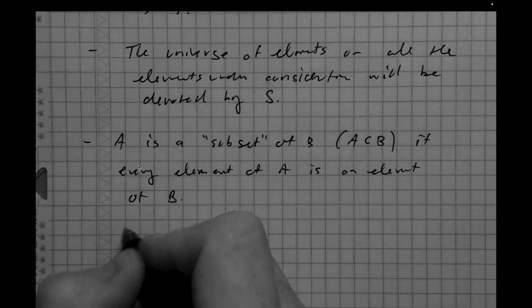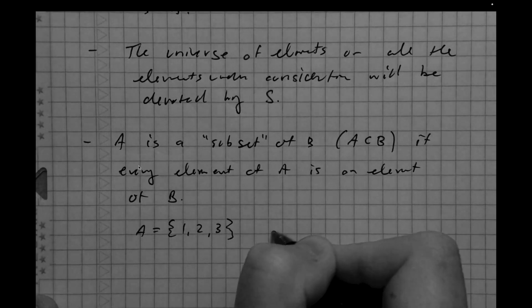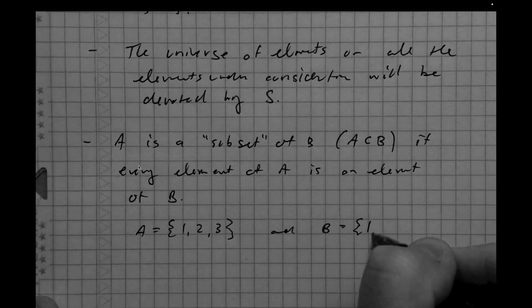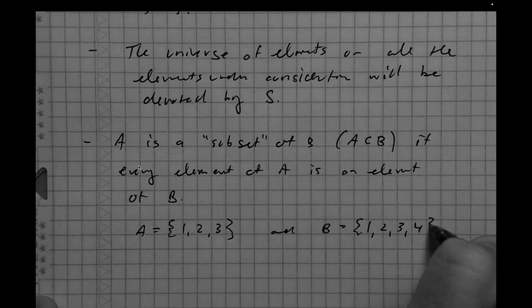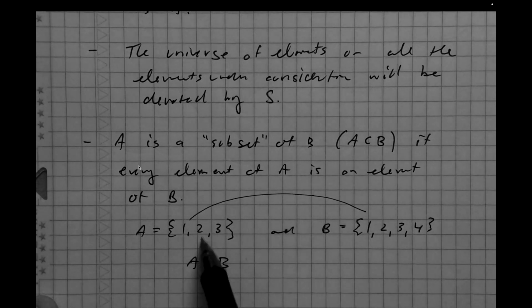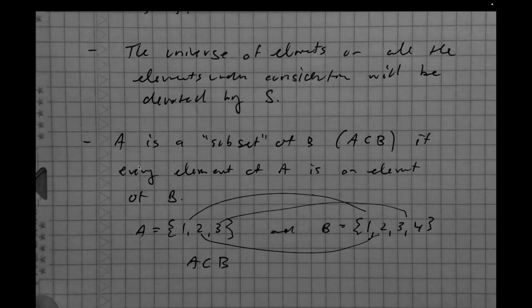Let's say that A is equal to 1, 2, and 3, and B is equal to 1, 2, 3, and 4. Then A is a subset of B because 1 is in A and 1 is in B, 2 is in A and 2 is in B, and 3 is in A and 3 is in B as well. B does have this extra element, but that's all right.